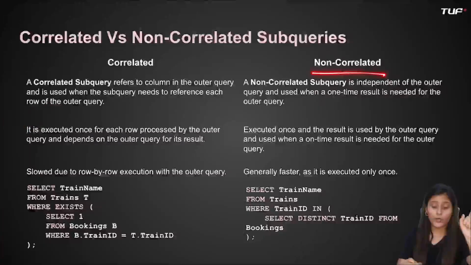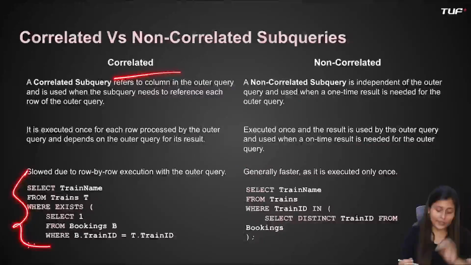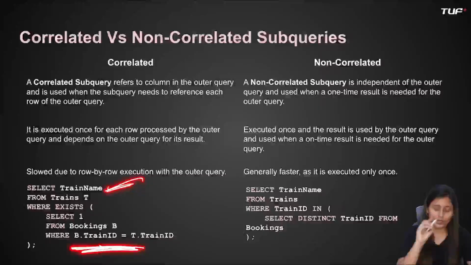But in the case of non-correlated, it's executed once and the result is used by the outer query, and it is used when a one-time result is needed for the outer query. So this is the main difference: here we select the train name from the trains table and check whether that train ID exists, true or false, so for every inner query the outer query runs and checks.